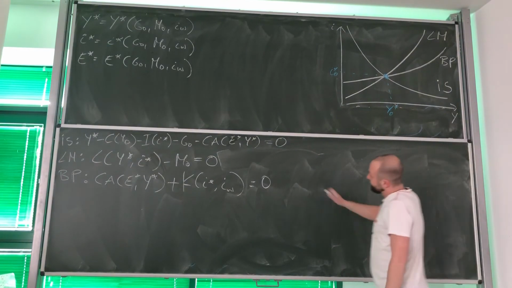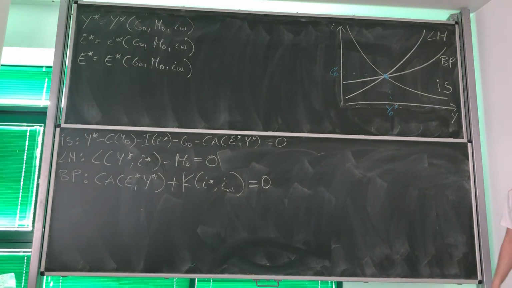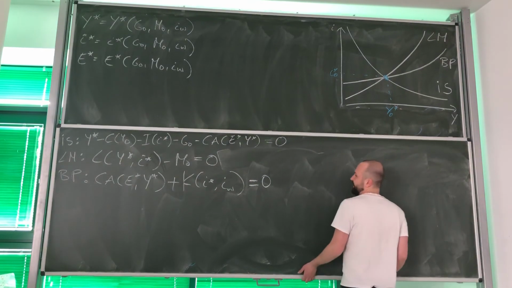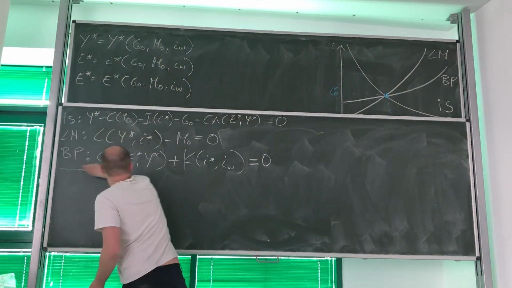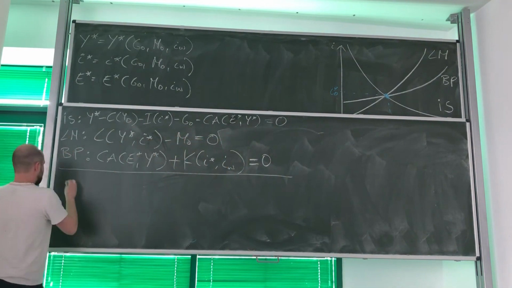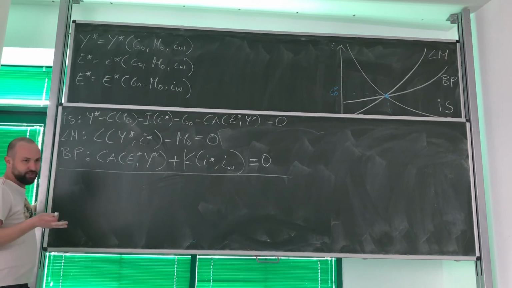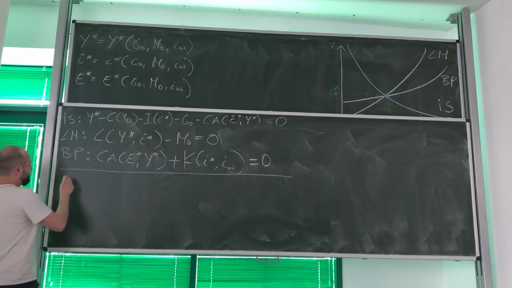So, what do we do next? Well, in the next step, what we are going to do is to differentiate all those three equations. Okay, so again we start with IS. We already differentiated it, so I'm going to do it in a quick step.